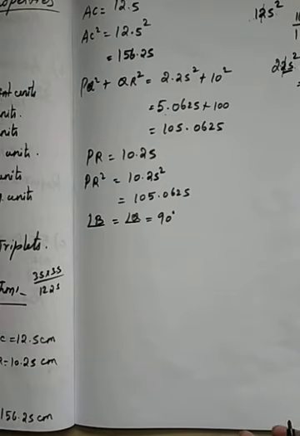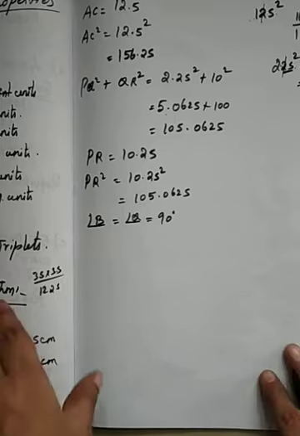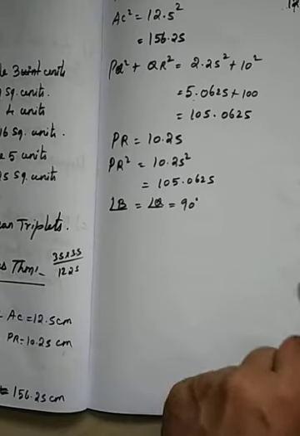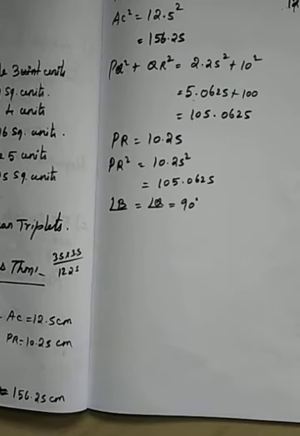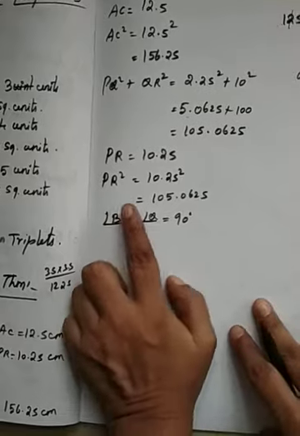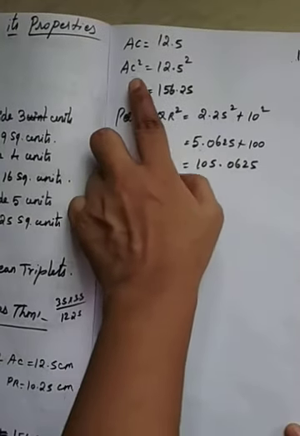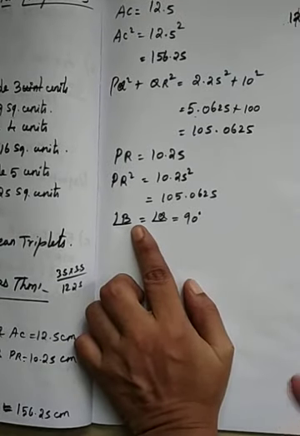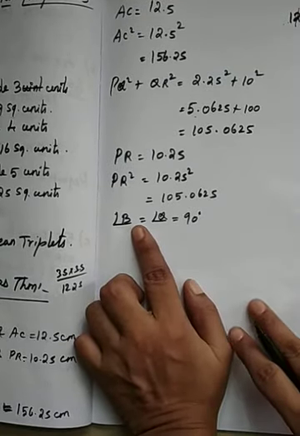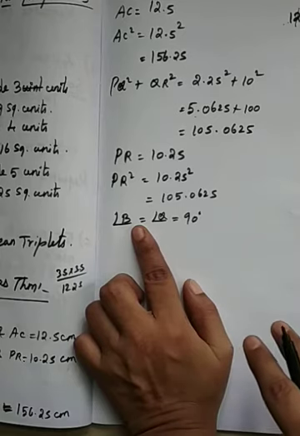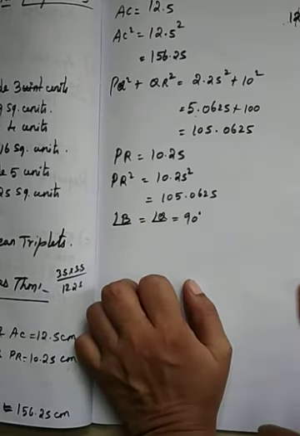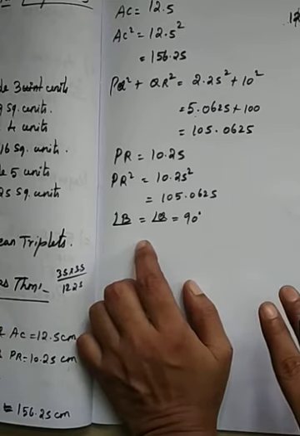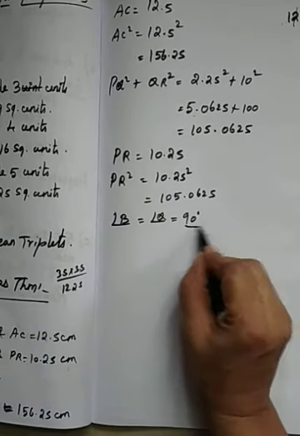Here, this is the longest side, PR squared and AC squared. If the square of the longest side is equal to the sum of the squares of the other two sides, then the triangle is a right angle triangle. So this property is known as the converse of Pythagoras theorem. Everybody clear? Okay.